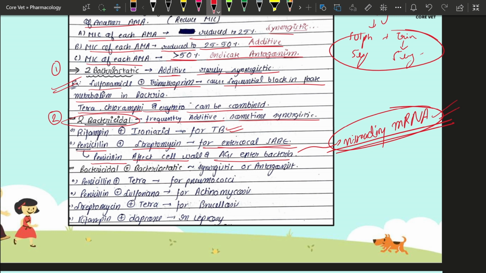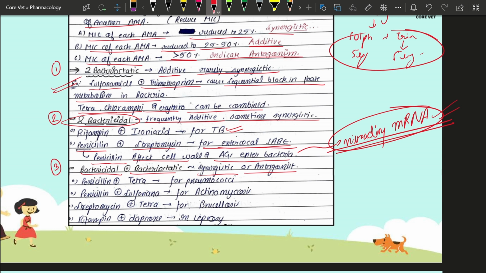Now you combine the penicillin and the aminoglycoside in order to achieve a synergistic effect, in order to reduce the toxicity, in order to reduce the development of resistance, right? Now, the third possibility could be the combination of a bactericidal and a bacteriostatic drug. It may be synergistic or it may be antagonistic.